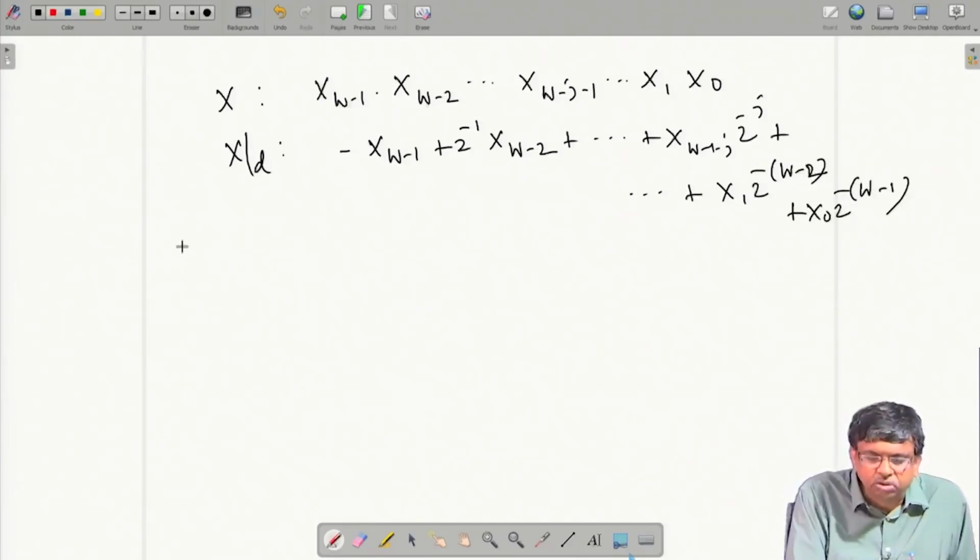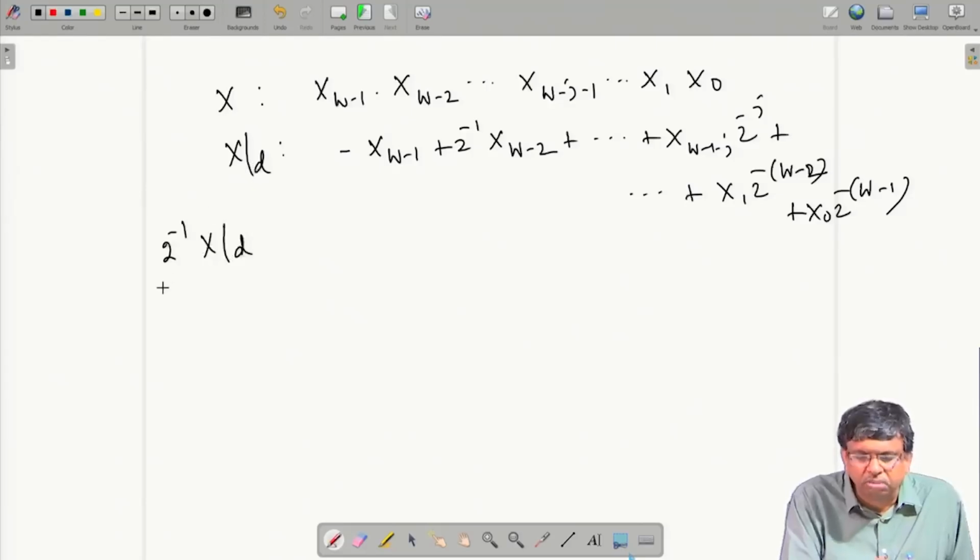Suppose this decimal value I want to divide by 2, that is, I want to multiply by 2 inverse. On the right hand side, if I multiply by 2 inverse, it will be minus half times this. Minus half I can write as minus 1 plus half.